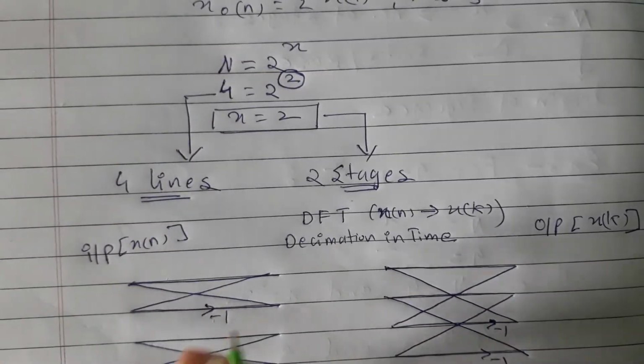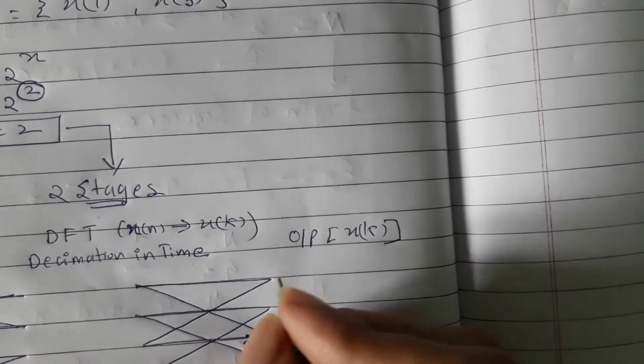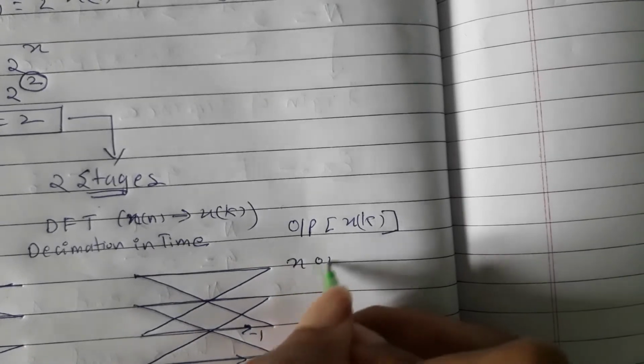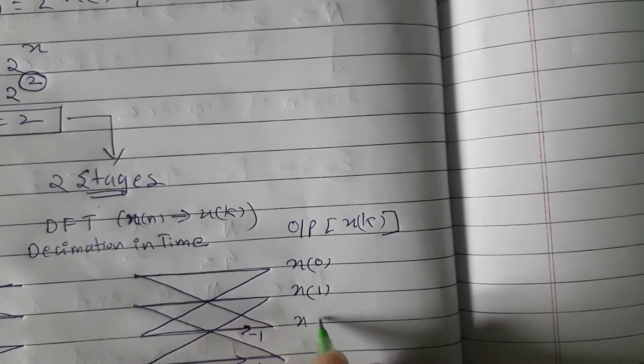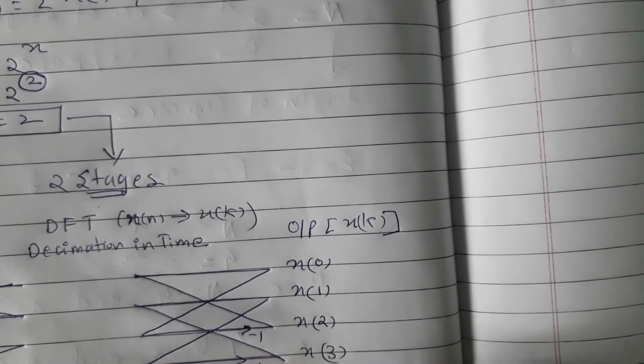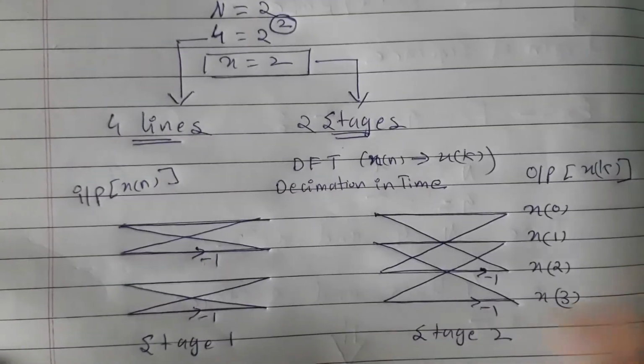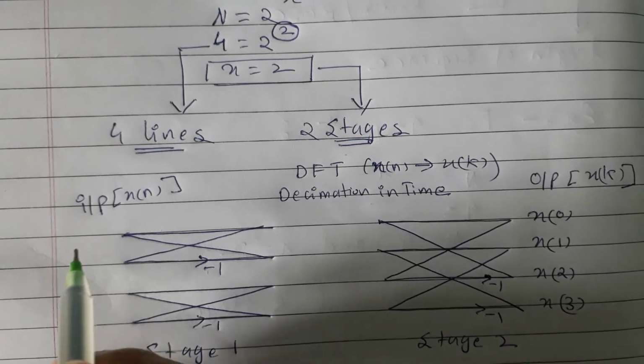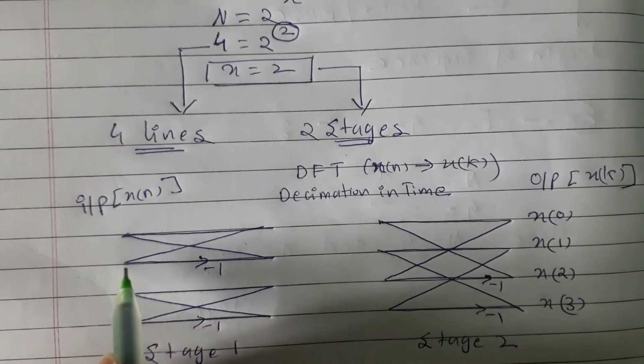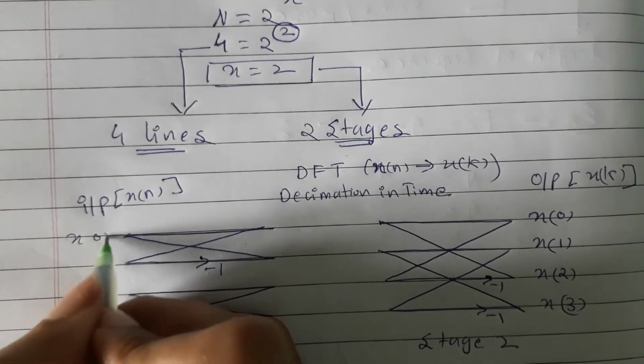So this is x0, x1, x2, x3. As we know that here the input part, we have divided the stage 1 into even and odd part. So therefore we will write the even part first.